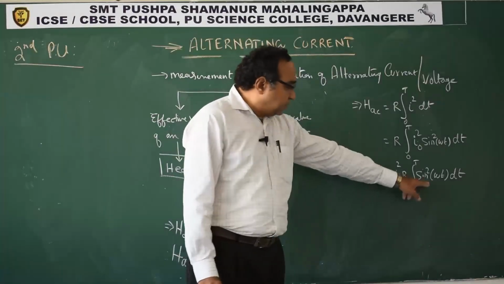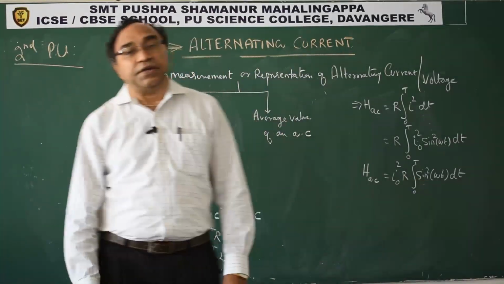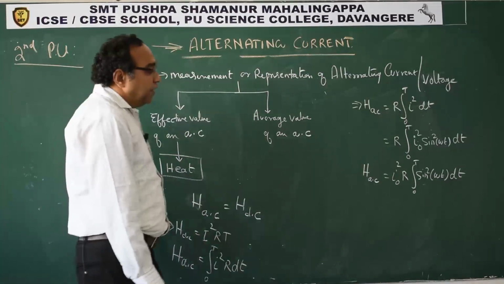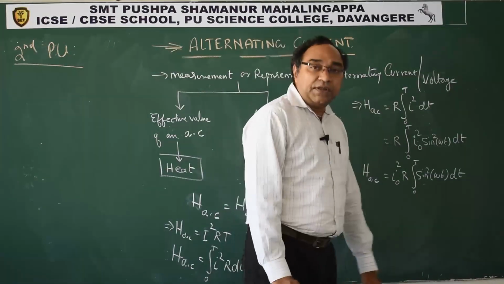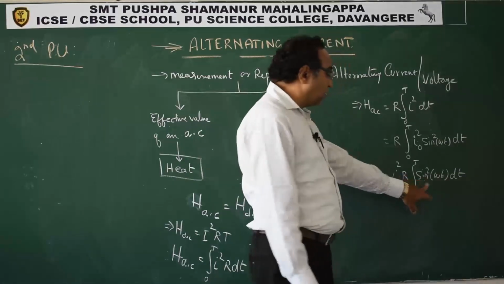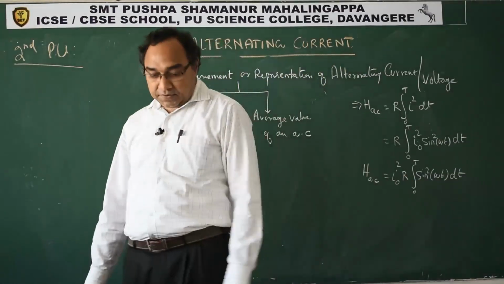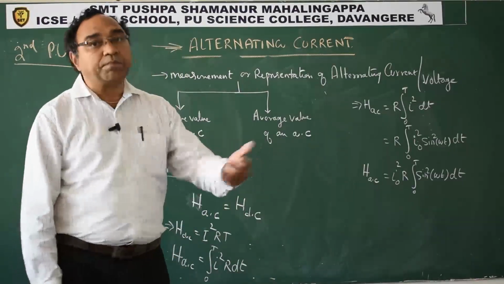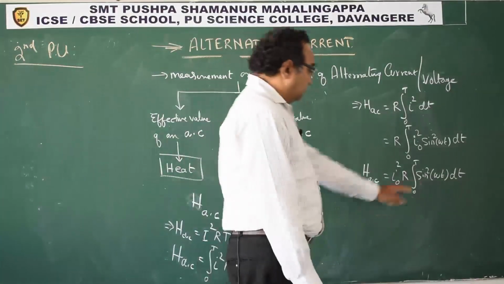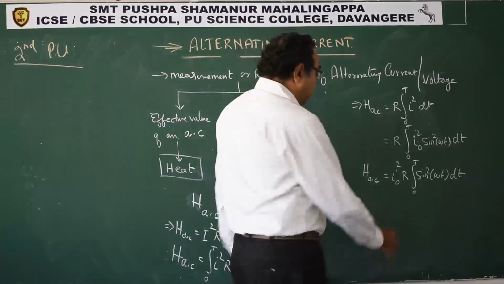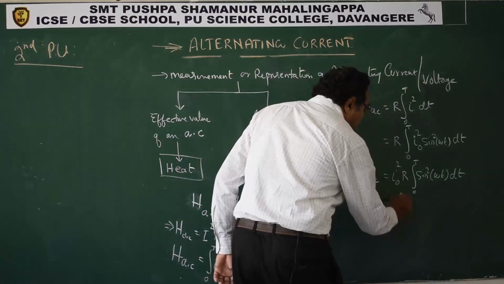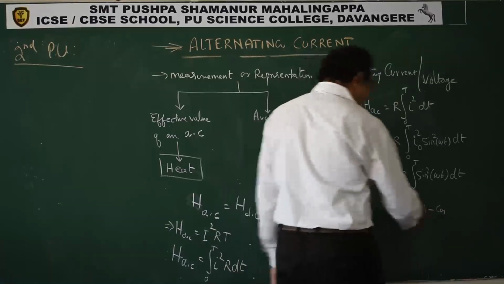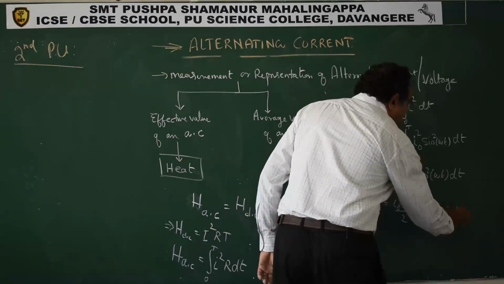When you integrate sine square omega t, it cannot be integrated like what you normally do in differentiation. Higher powers of trigonometric terms cannot be integrated directly. So what we will do is bring down the power of sine square omega t and write this as I naught square R by 2 integration of 1 minus cos 2 omega t dt.